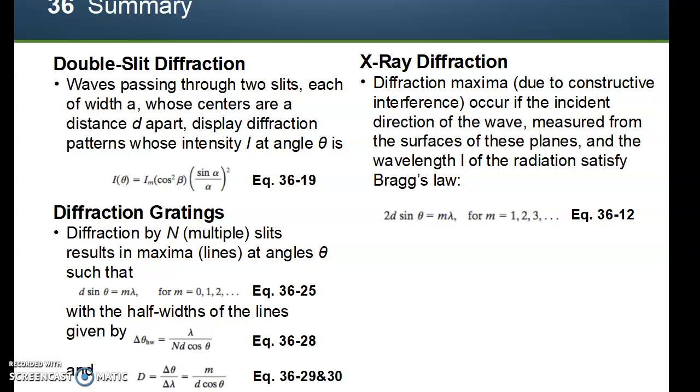Okay, so there's 15 questions there, and then the problems are 5, 13, 20, 36, 45, 56, and 69.